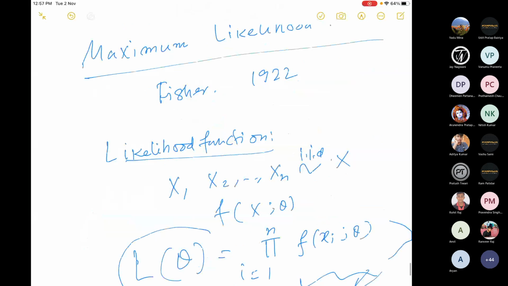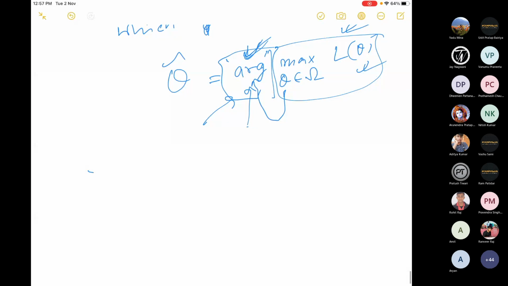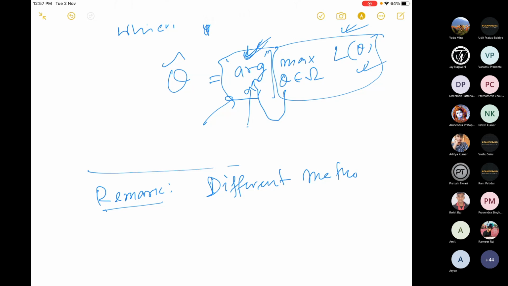So here are many things. Let me just say this is a remark. I do not know how much I'll be able to discuss, but different methods will produce different estimators.